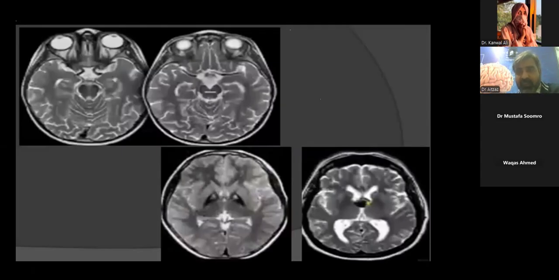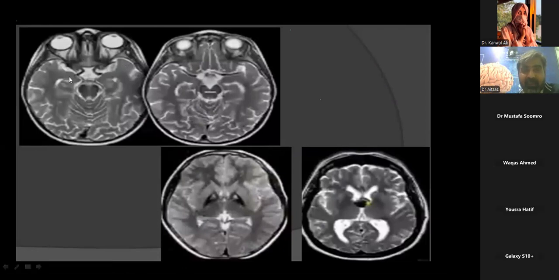I told you it is the counterpart of the T1 hyperintensities. This is flowing blood, paramagnetic substances. This is Wilson disease. On T1, it is hyperintense. This is colloid cyst. On T1, it is hyperintense. Now on T2, it is hypointense due to hyperproteinaceous content.